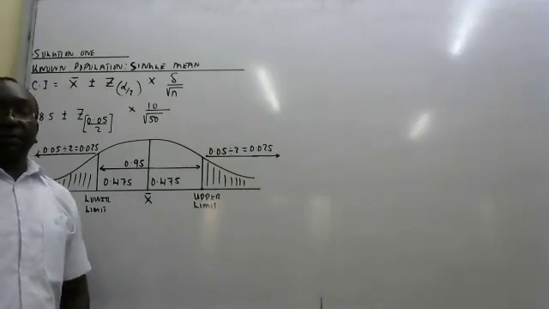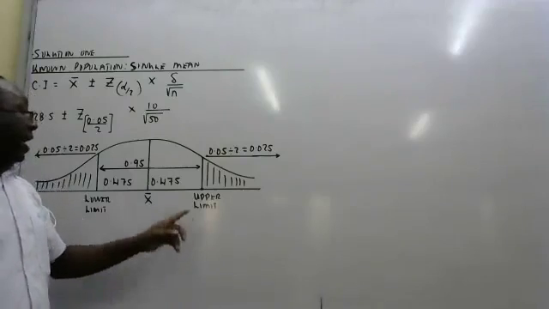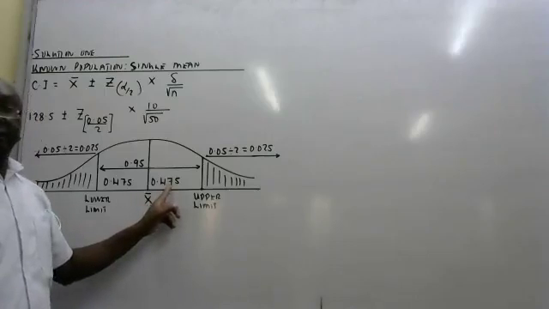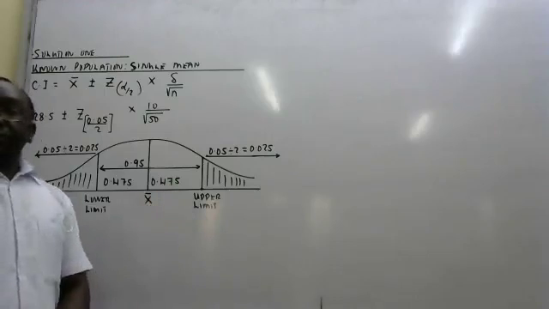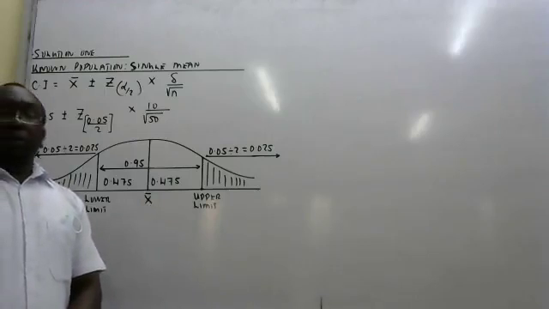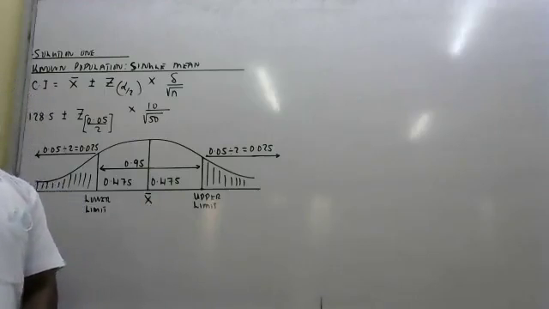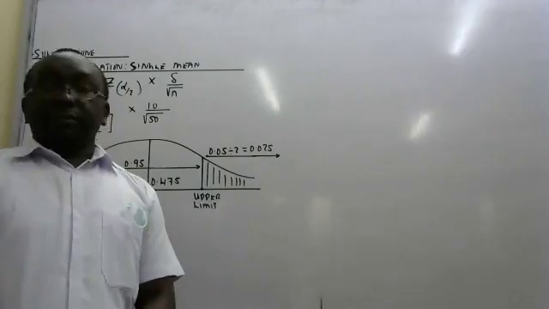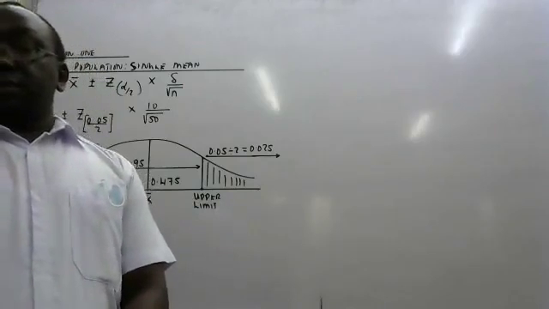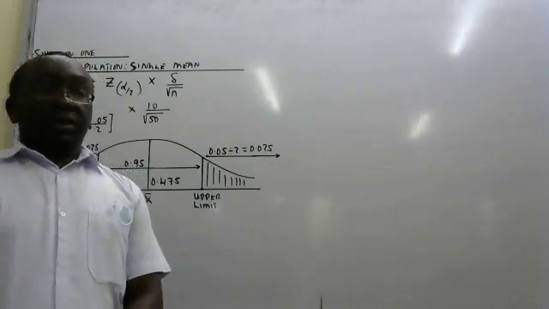Look to see if you will get 0.475 inside the tables. Have you gotten it?